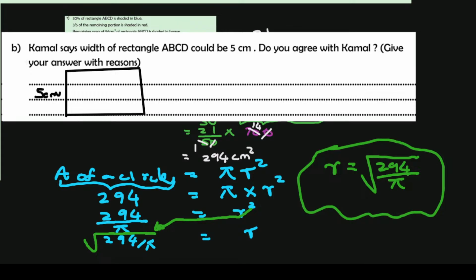Yes, a rectangle can have any width, doesn't matter. It can be 5, it can be 10, it can be 15, whatever. But there is some restriction here. What is it? Remember, inside this rectangle, there should be a circle whose radius is the square root of 294 over pi.